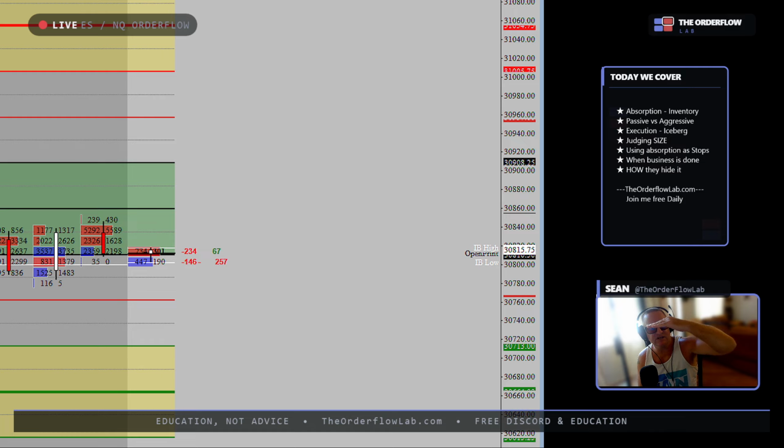So as it comes up, they sell just enough not to disturb the move that's going on, and then they absorb everything in the book until there's nothing left. Buyers left. That's when we see a very thin print at the very top, and that means there's no business to do there. And then we roll down. That is how they hide their size, and we see it all day long.